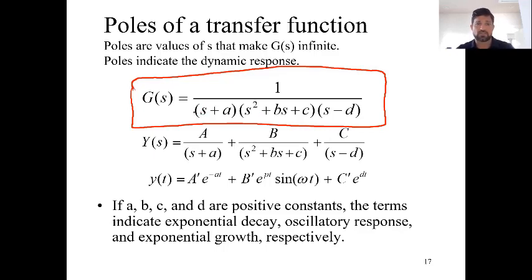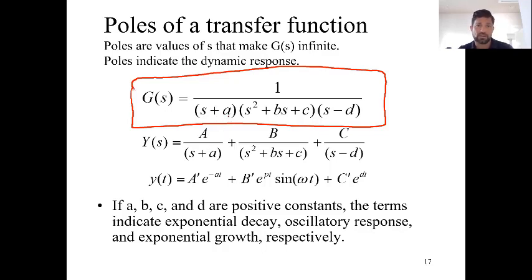These terms that show up in the denominator could be the roots. So we can talk about this term right here, a, as being a value that would be a root of the polynomial of the denominator, which are also called poles of a transfer function. For example, a pole of a transfer function would be a value that makes the transfer function go to infinity.